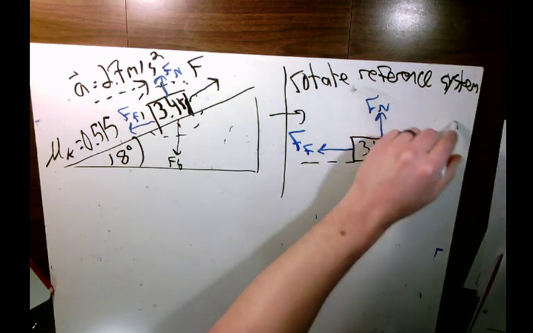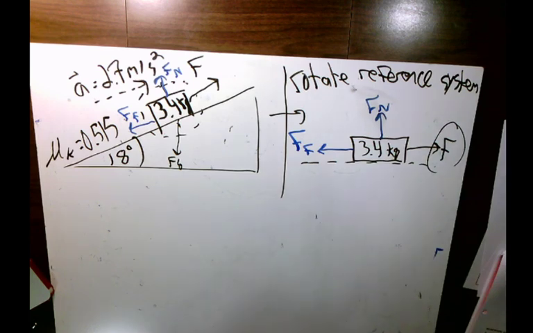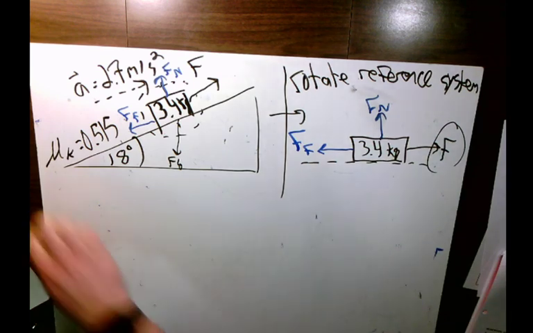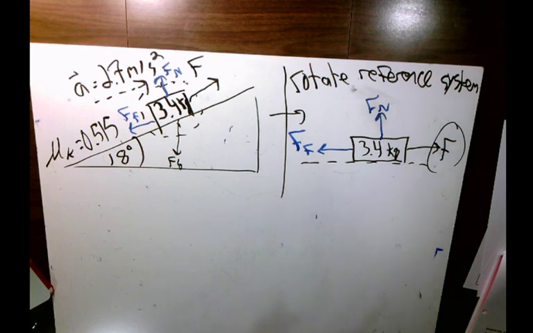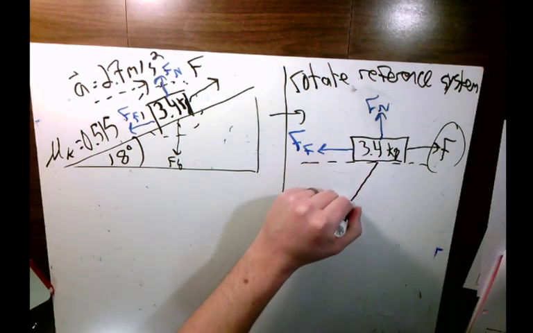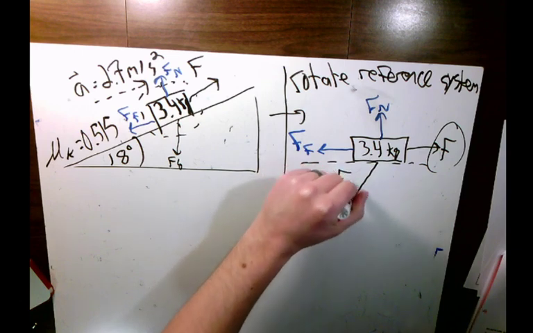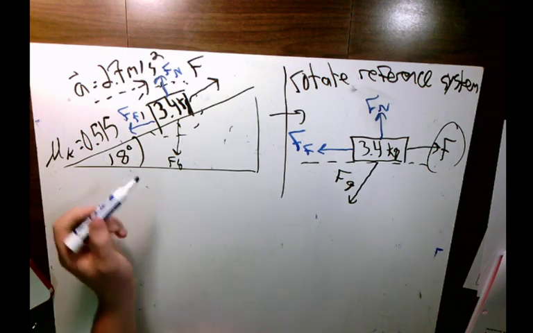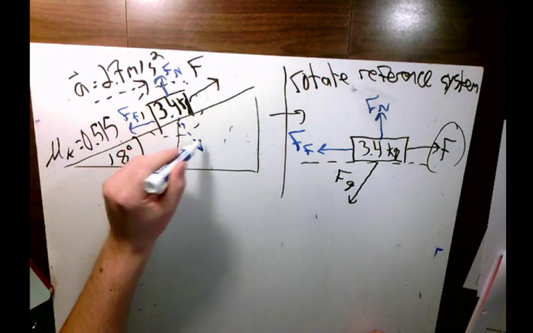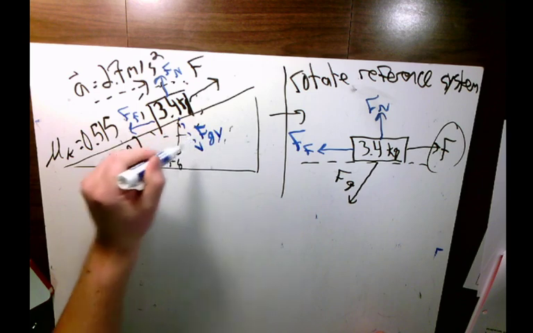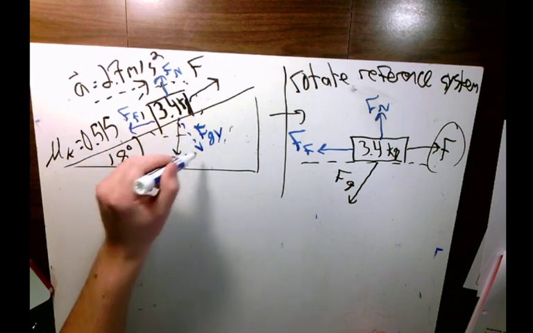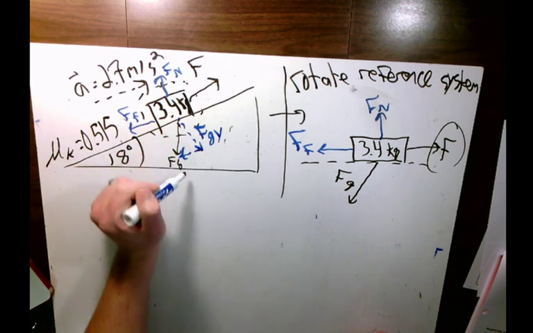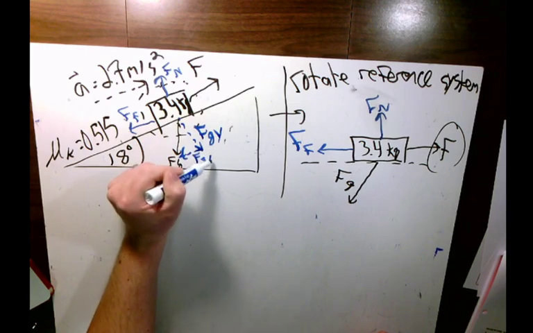which is what we're looking for in the question. That's our final answer. And I have this force of gravity, which I'm going to break into its perpendicular y component and its parallel x component, right?